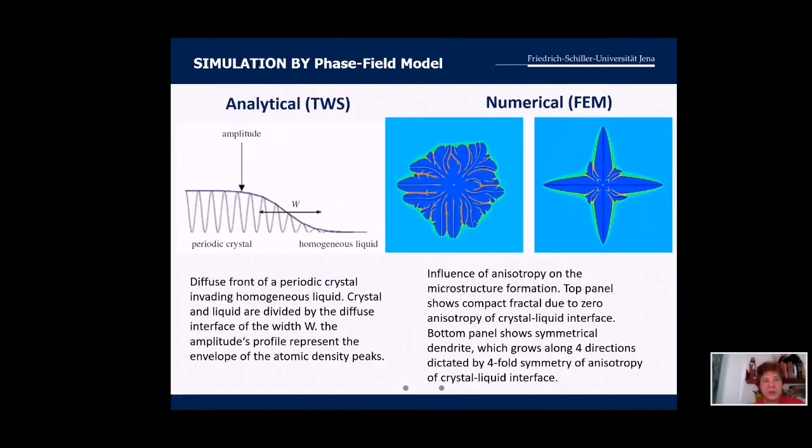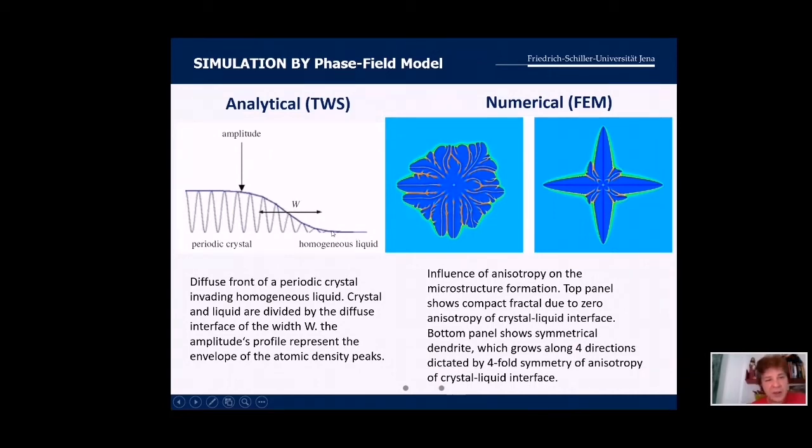So in the analytical solution, we can get a profile of phi and then consider how the thickness of the diffuse interface changes in space and in time.